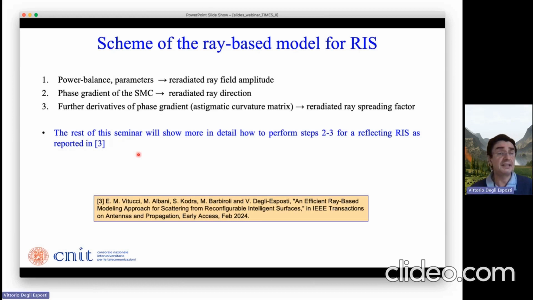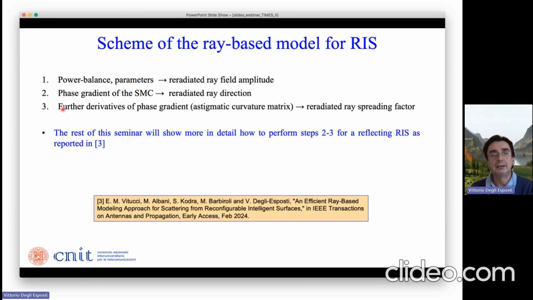So the scheme of the ray-based model we developed and we would like to present in the rest of this webinar is the following. Based on the definition of the parameters and of power balance, the re-radiated ray field amplitude is defined. Then, on the basis of the phase gradient of the SMC, the radiated ray direction is found.